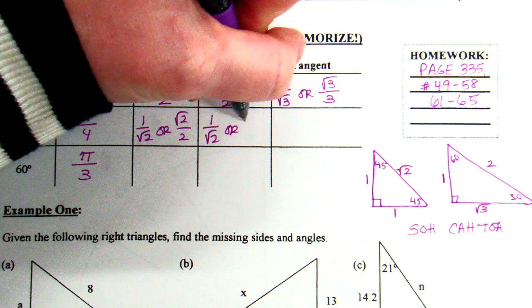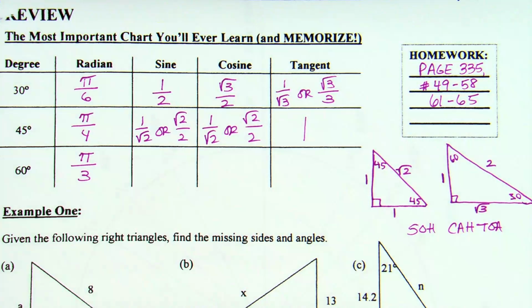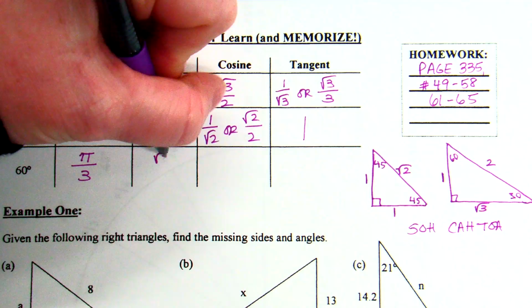Can you do the bottom row without using your triangles? Do you remember a connection I made about sine and cosine? How do sine and cosine of 60 relate to sine and cosine of 30? Yeah, they flip essentially. So sine of 60 is going to be the same as cosine of 30, square root of 3 over 2.